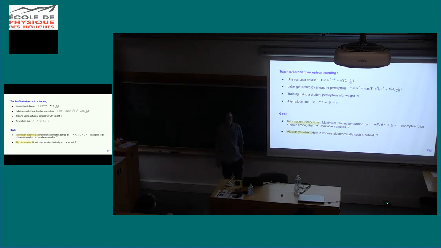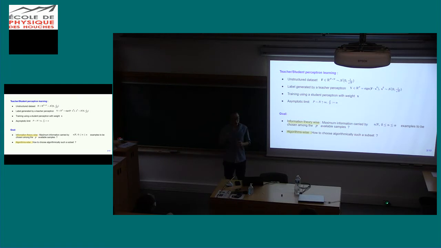So there, if you think about it, there are only two natural questions which you can actually ask. The first one is information theoretic. If I'm throwing away some data points because I can only use a small fraction n of my data set, I'm losing information, but what is the maximal information which I can preserve by only using a fraction of my data set?